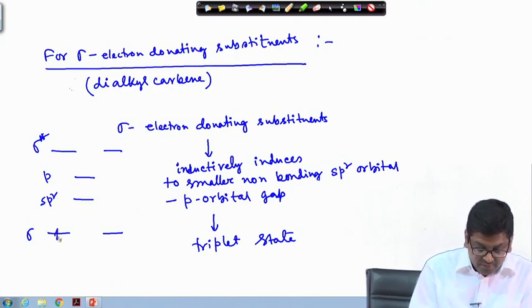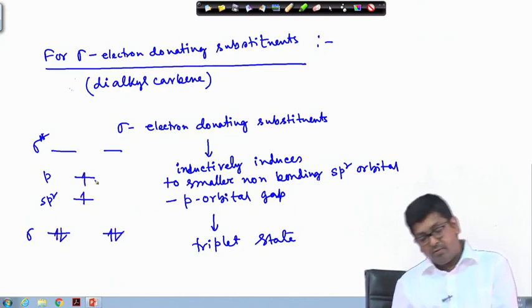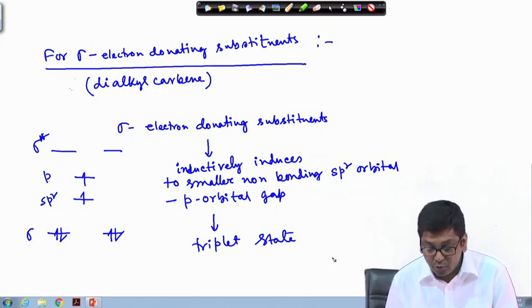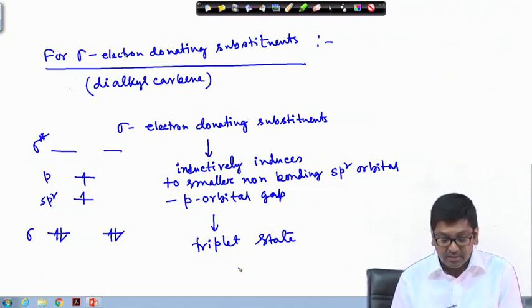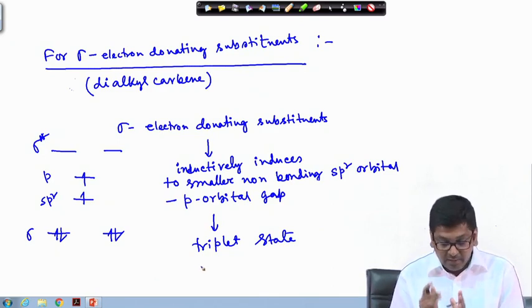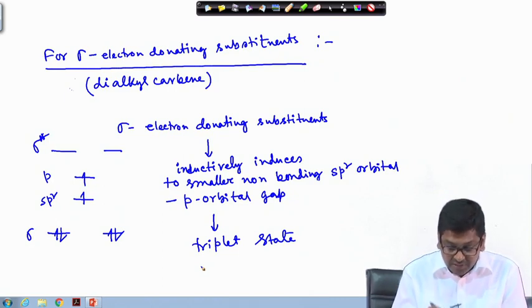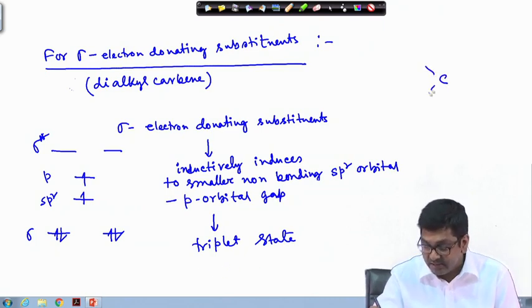Now we fill up the electrons like this for the p orbital for the triplet. Now, what will sigma electron donating substituents do? They inductively induce a smaller non-bonding sp2 orbital and p orbital gap.